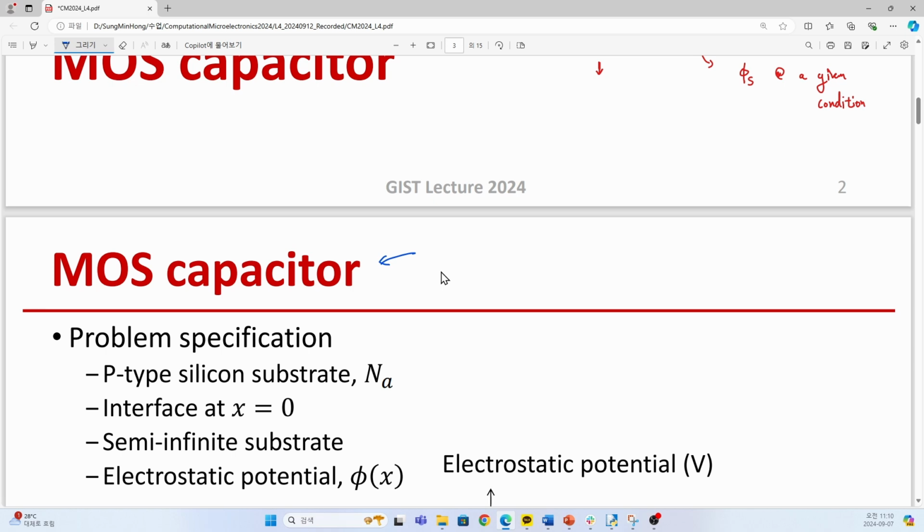And if you go to the senior level study, there you learn this MOS capacitor once again in a much more advanced way. Even in your microelectronics course, usually taught at the sophomore level, you still have MOS capacitor. Although the level of presentation is somewhat different between these lectures, I assume that you have already studied MOS capacitor.